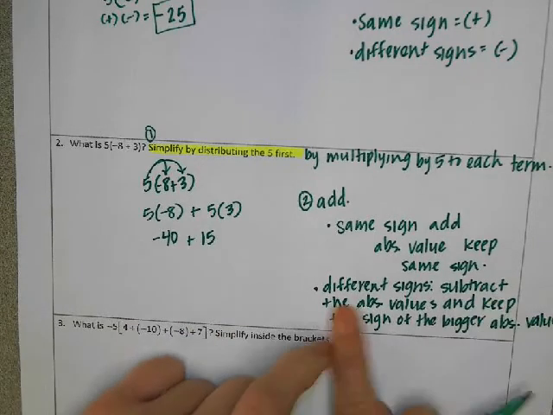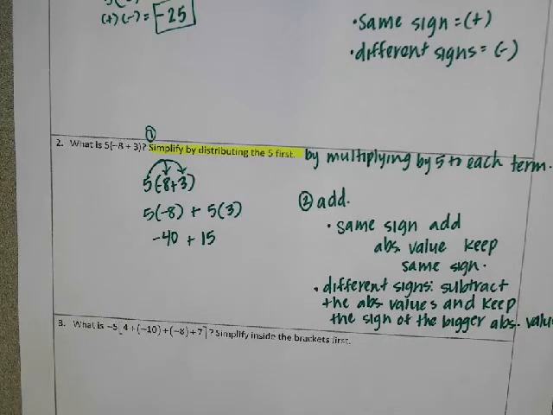Right? So different signs, subtract the absolute values and keep the sign of the bigger absolute value.